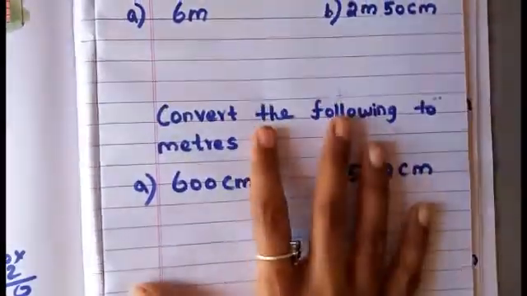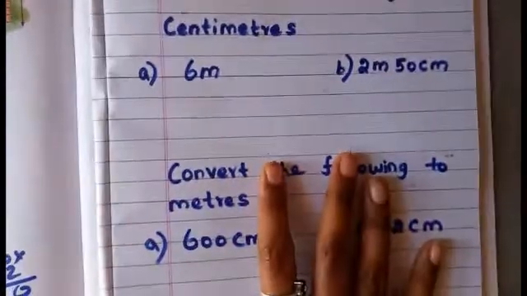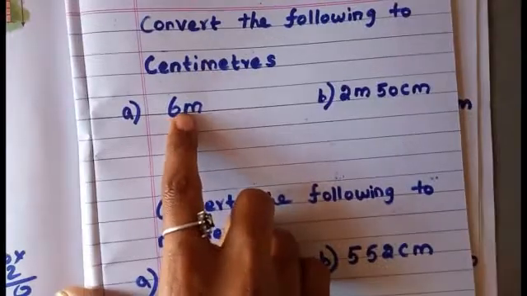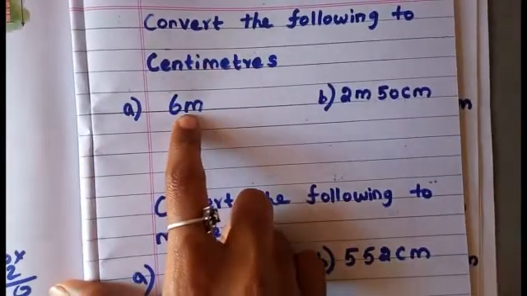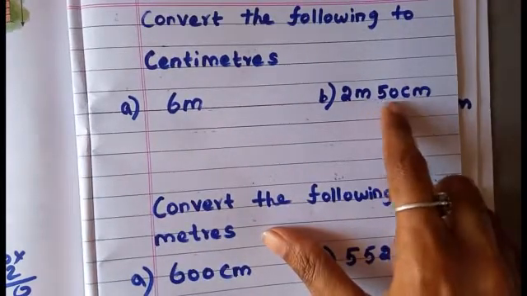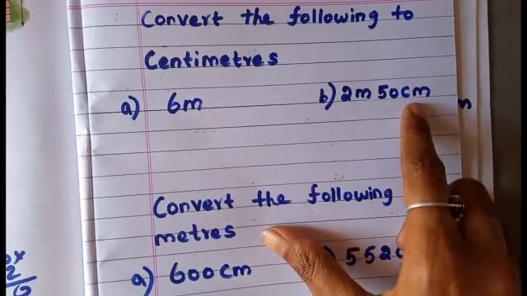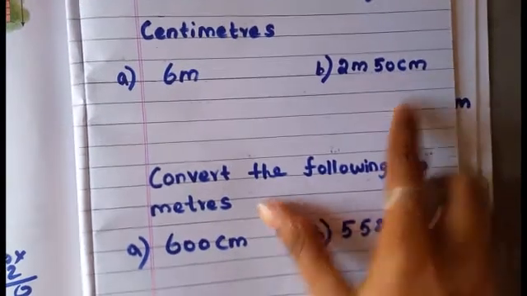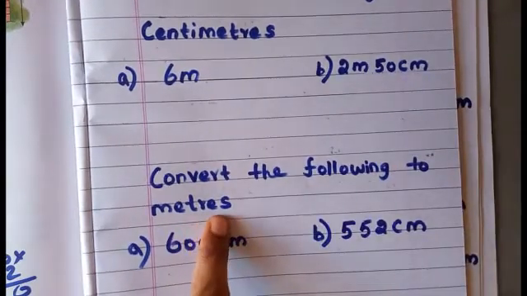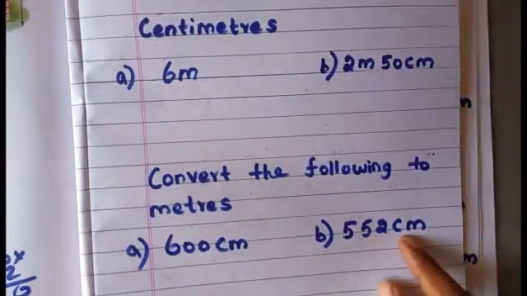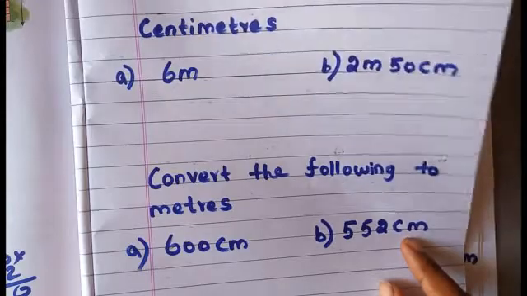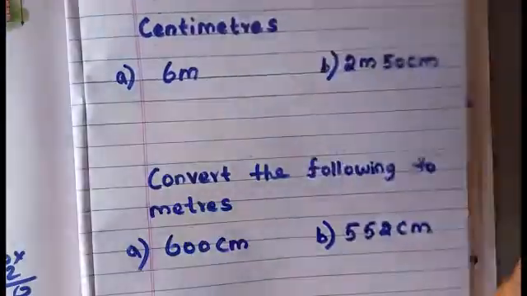Okay, you have to do as a homework. You have to copy it. So see here, the centimeter you have to convert this, write it down. 6 meter and the B sum is 2 meter 50 centimeter. Take a note and copy it down. You have to do as a homework. Then you have to convert into meters, that is 600 centimeter and 552 centimeter.